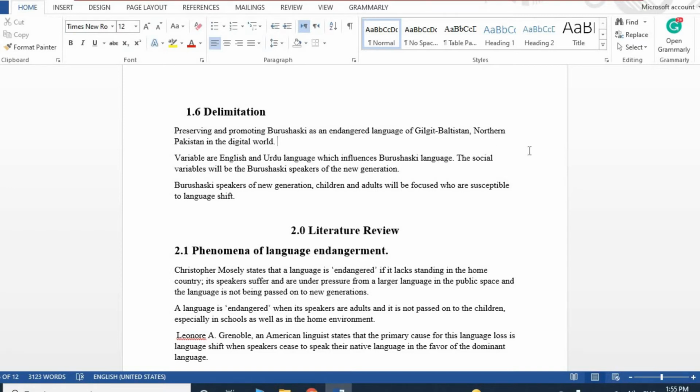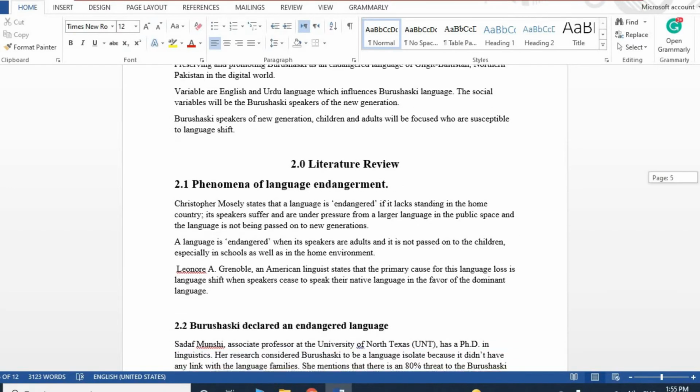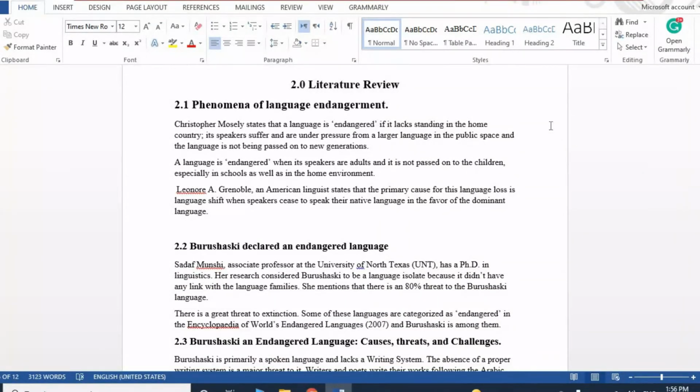And apart from that, let's come to the literature review, an important part of your synopsis. You have to go through relevant literature, and you have to discuss what things have already been done. I have discussed the literature review in my videos as well, the importance of literature review and things related to that.